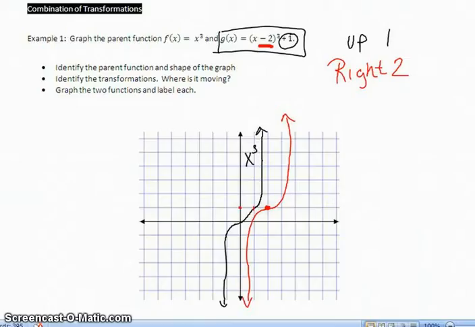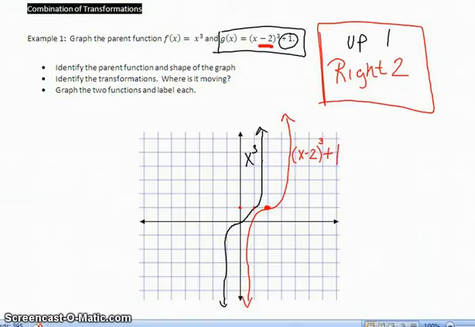Once you know where your origin is, you graph that, and you just decode your function to know where that is, up 1, right 2, and put your new origin in and sketch the graph. So this is x minus 2 cubed plus 1.